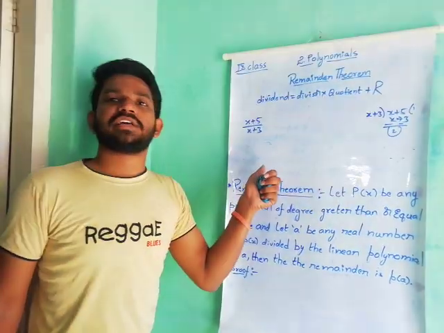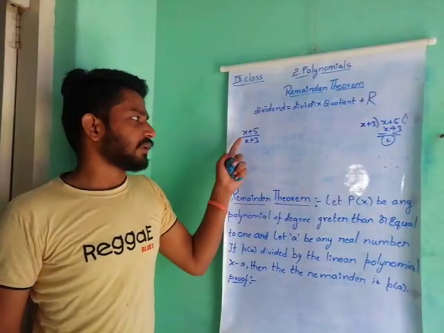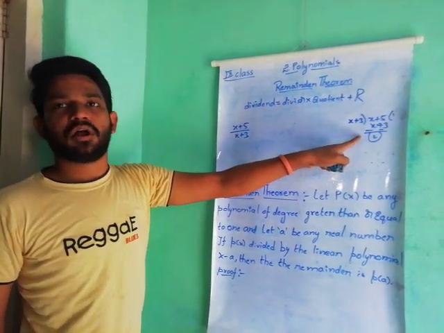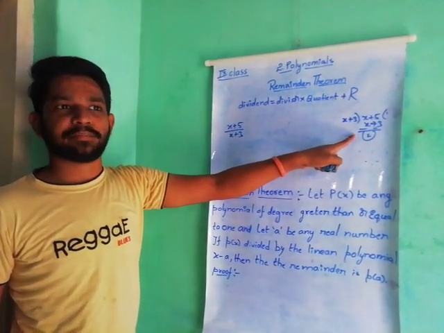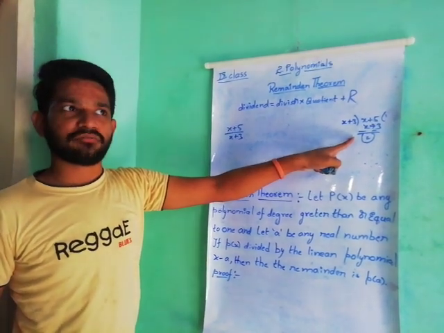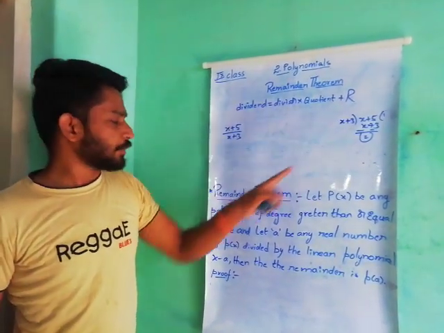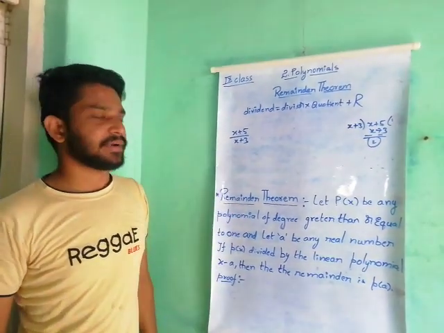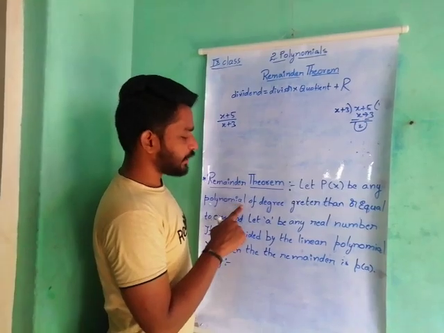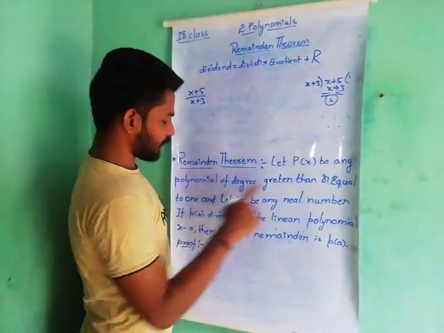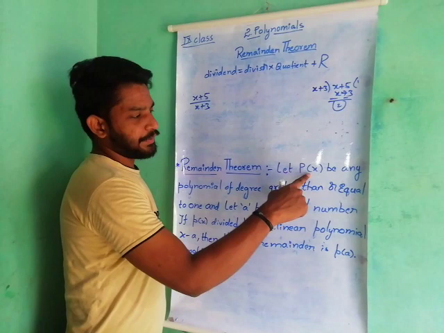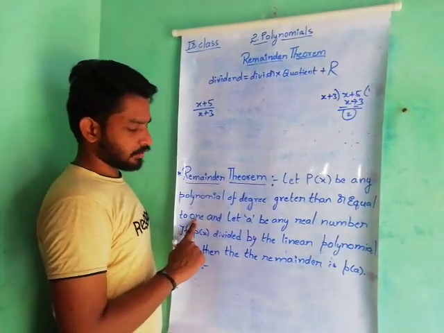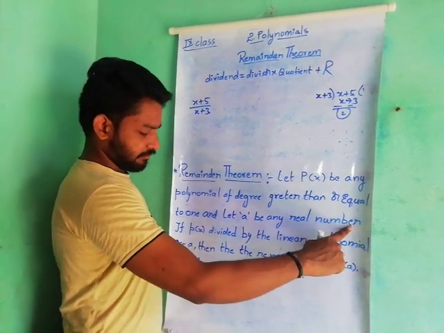But in our exercise 2.3, the same type of questions are there, and without the long division method we have to find out the remainder. So how do we find the remainder? By using the remainder theorem. Coming to the remainder theorem statement: let P of x be any polynomial of degree greater than or equal to 1, and let a be any real number.